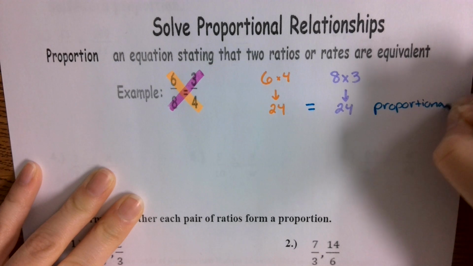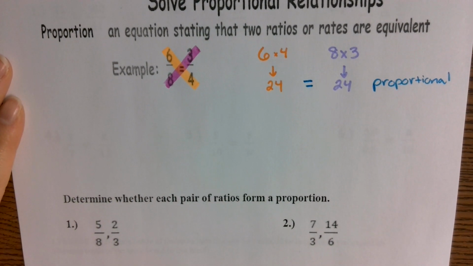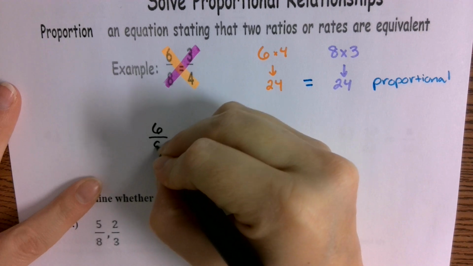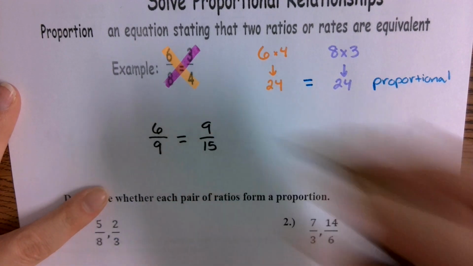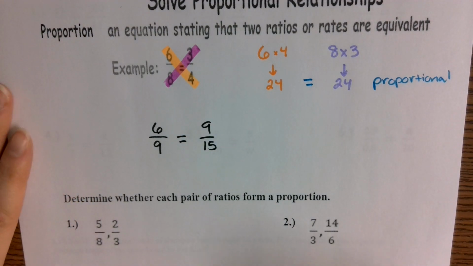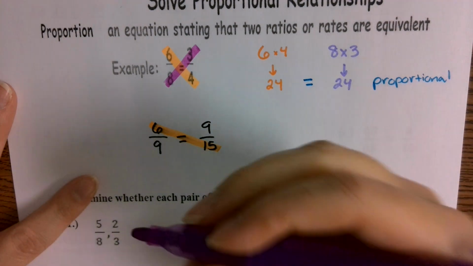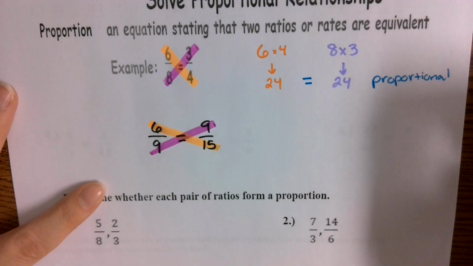Now, if I were to multiply my diagonals and they were not equal to each other, then that would make it non-proportional. So if we had something like 6 over 9, and I said it's equal to 9 over 15, and I go ahead and do my cross product. So if I multiply 6 times the 15, and I multiply the 9 times the 9, those aren't going to be equal to each other.